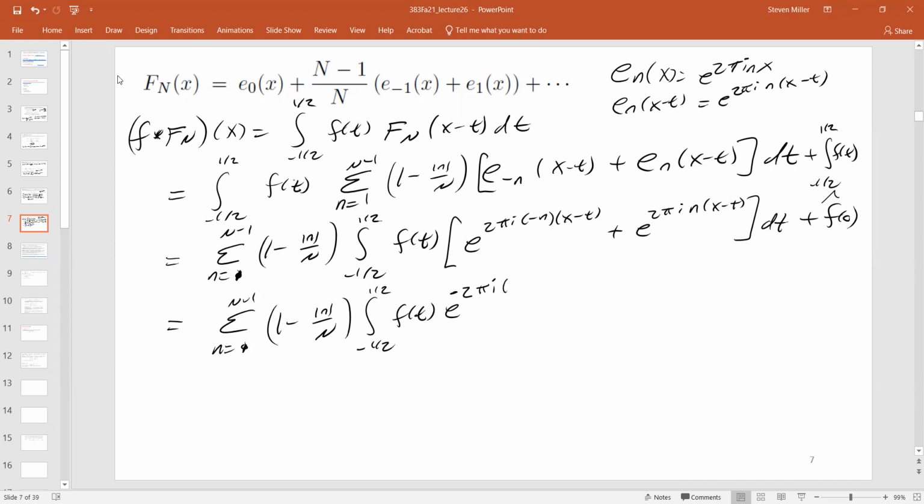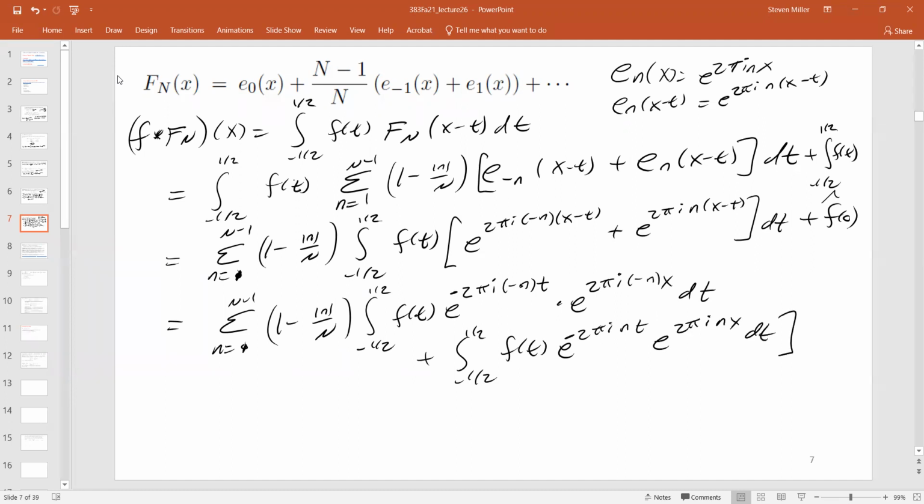So I'm going to write it as negative n t times e to the 2 pi i negative n x dt, plus the integral from minus 1/2 to 1/2 f of t e to the 2 pi i n x, and the first one we'll do with a negative t, so negative t and then e to the 2 pi i n x dt, plus f hat of 0.